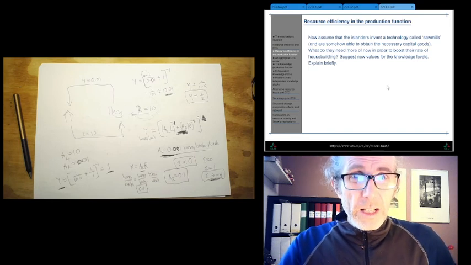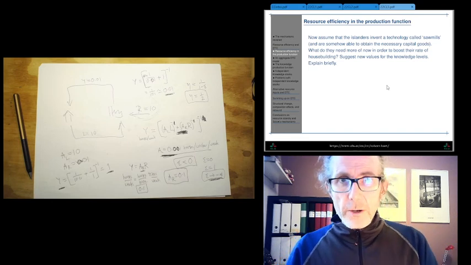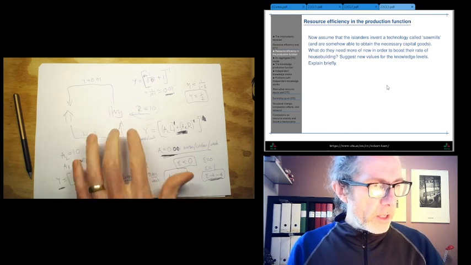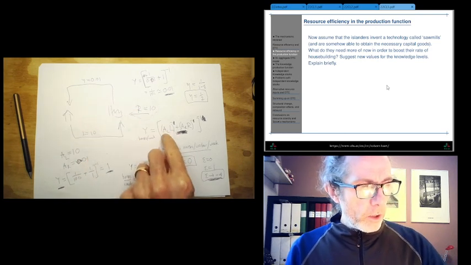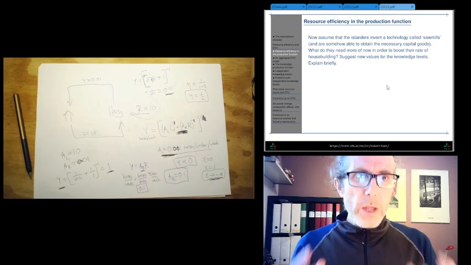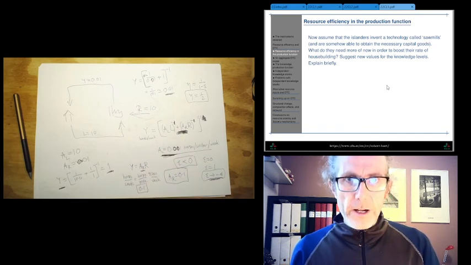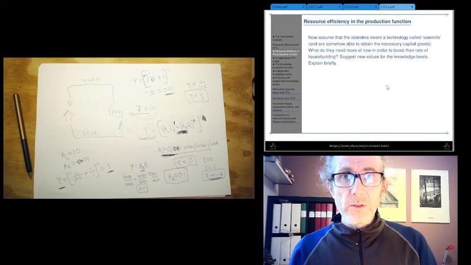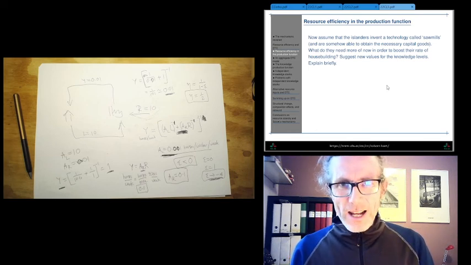So that's just an exercise in trying to get your head around how these functions work, what these productivity levels mean. Think about the units, think about the physical interpretation of what is going on, right? Don't just do the math, think about what you're doing and what it means.